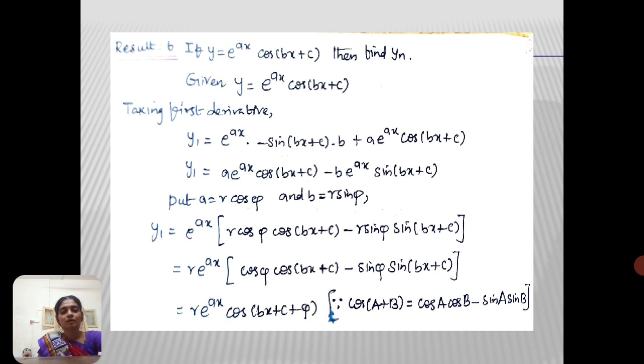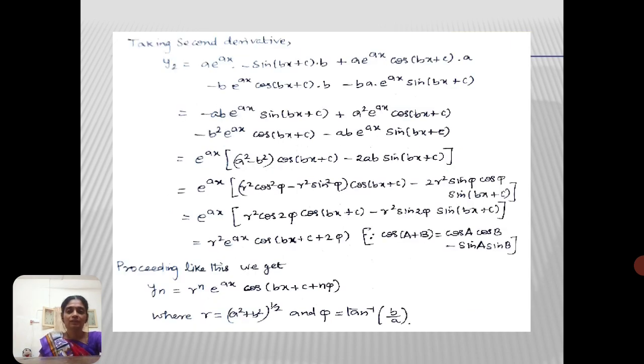Here also we have to make use of the substitution a equal to r cos phi, b equal to r sin phi. Then we get y1 as e^(ax) into r cos phi cos(bx + c) minus r sin phi sin(bx + c).